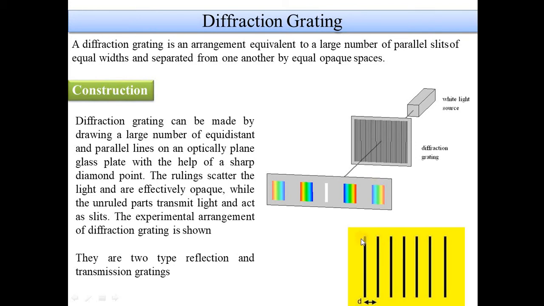You can see here this acts as the opaque region that doesn't transmit light. This is the region where the line is drawn, and again there is a region which transmits light, a transparency, and it acts as the slit, and again there is a region where a line is drawn that will be opaque. Through the transparent region light is transmitted, and these types of gratings are transmission gratings.